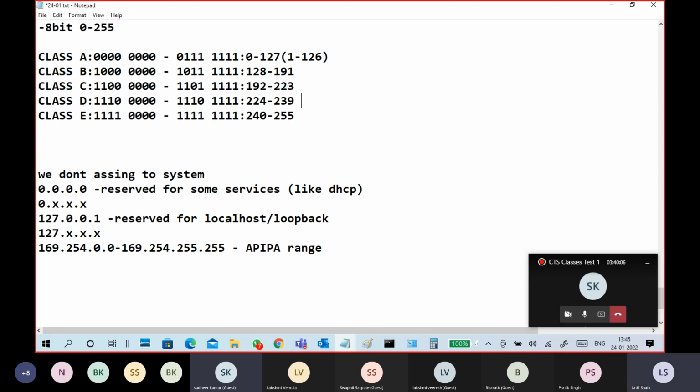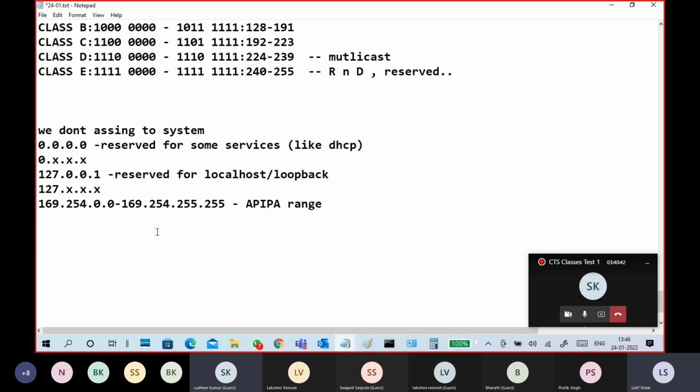Okay, guys, this is the multicast range. This is called a multicast range. This is the R&D, research and development, range. We use it for certain R&D purposes or certain reserved purposes. It is reserved for certain things, so we don't use it, we don't assign it.